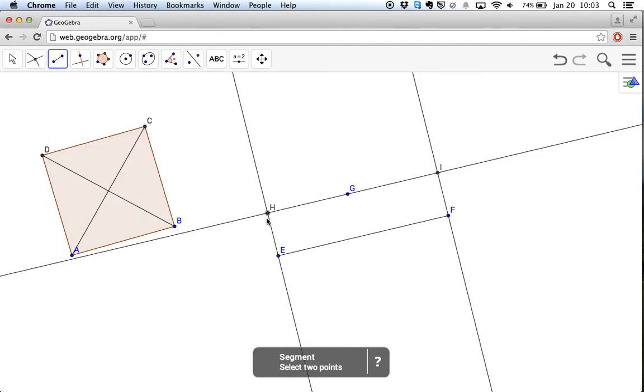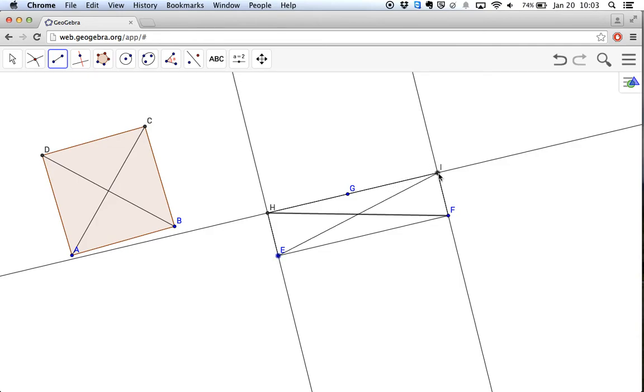And now I'm just going to connect segments between these to make sure that I have the rectangle that I want. And you guys can, again, measure the segments and measure the angles to confirm that the properties of a rectangle hold. Then I'm going to ask you guys to create your diagonals and investigate the properties similar to what you did for a square, but for a rectangle.